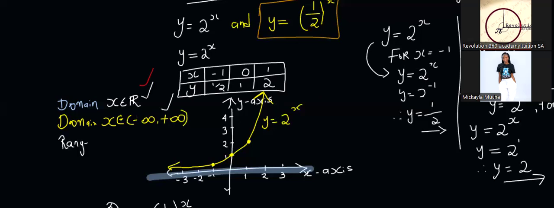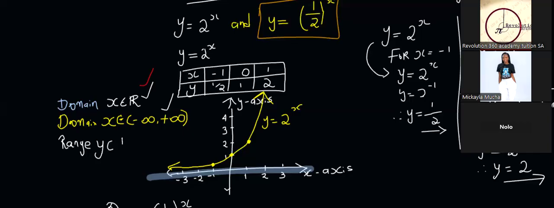So you'll just say y is an element of real numbers. So range will say y is an element of real numbers, where y is greater than 0.